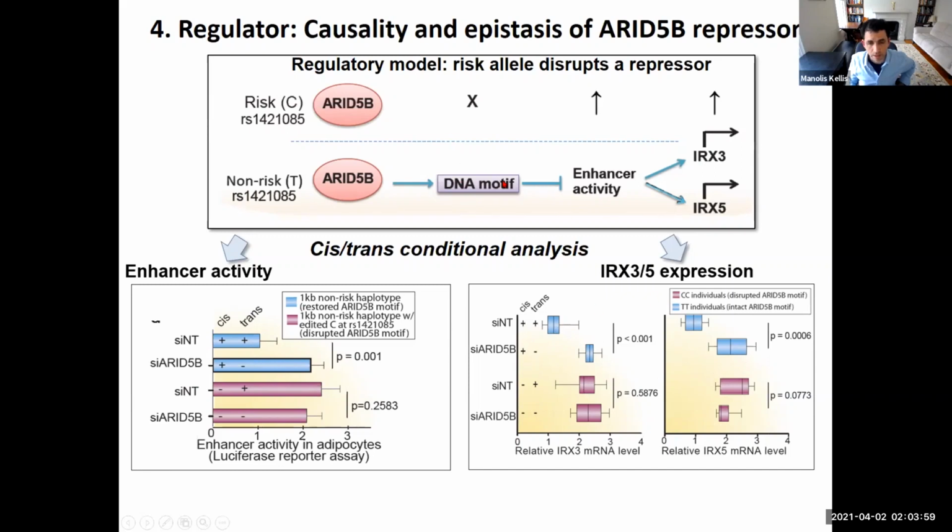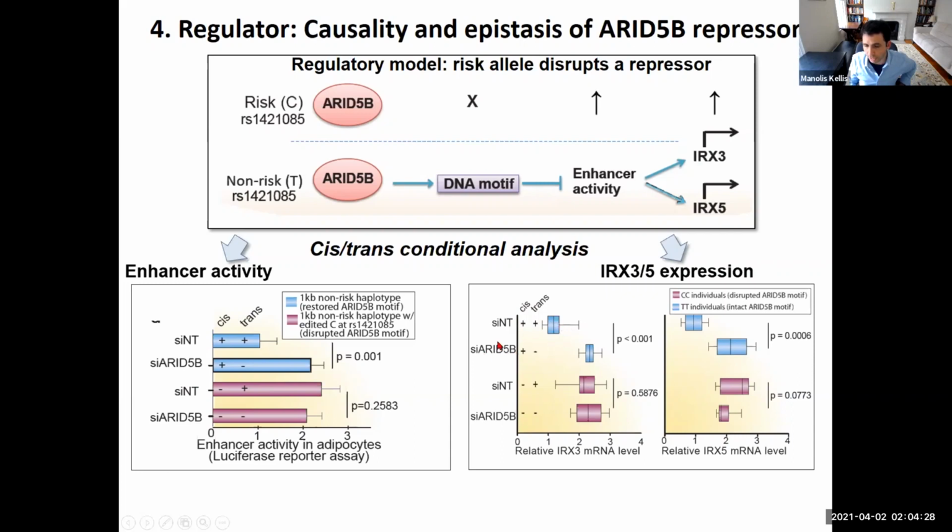Let me explain. This AT-rich motif is recognized by this AT-rich interacting domain protein 5B, ARID5B. We basically said, can I knock down the upstream regulator, and can I change the SNP between the risk and the non-risk individuals? And it's only when you have the correct motif and the regulator being active that you see repression.